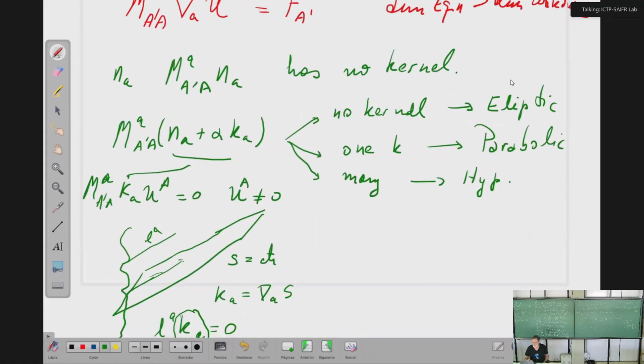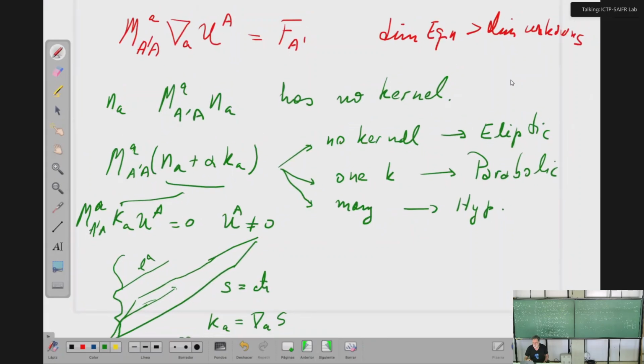And in particular, we started to look at symmetric hyperbolic systems.